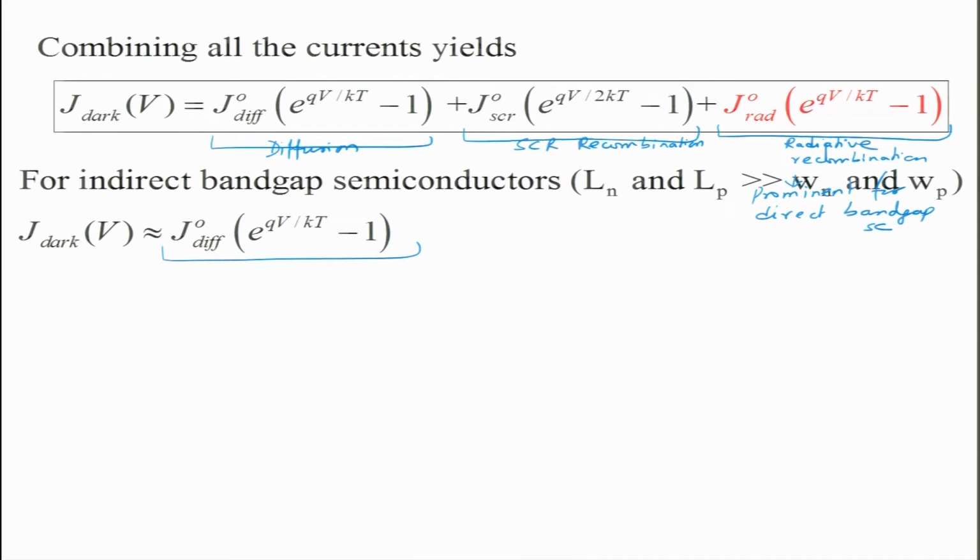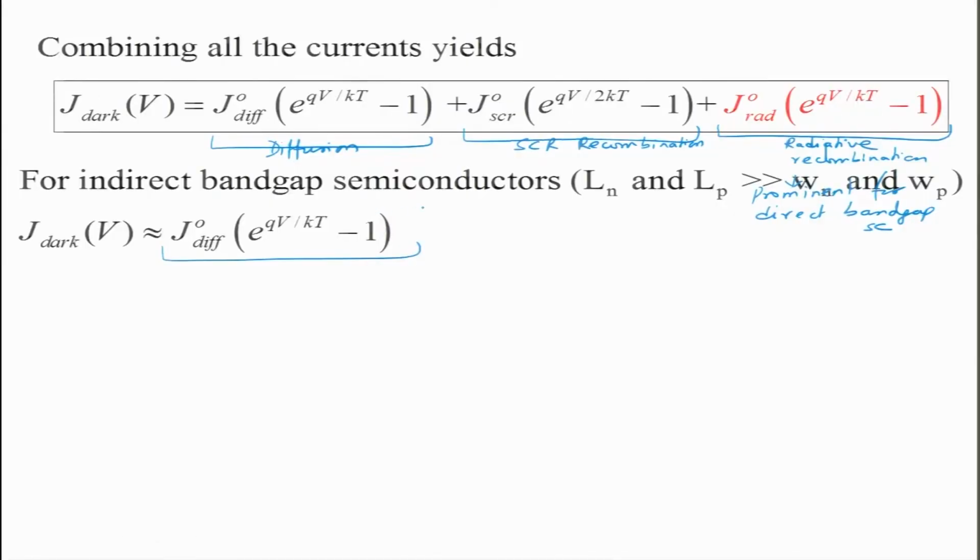Even the radiative recombination is smaller, because you have to have phonon assistance there, and that does not enable the recombination very easily. So, these two terms are not so prominent for indirect band gap semiconductors, which have longer hole and electron minority carrier lifetimes, and as a result longer diffusion lengths. In this case only the diffusion related dark current persists, so you will see in the dark data the dependence will be qV by kT.